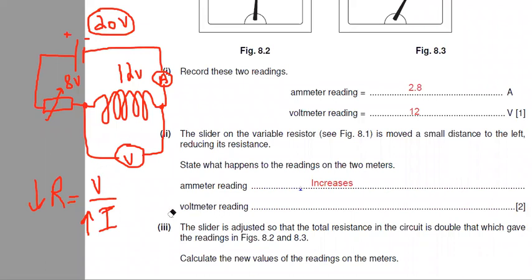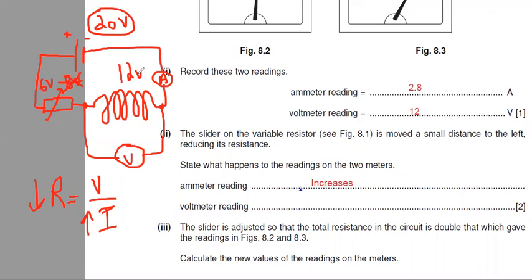Again, what will happen when the resistance of the variable resistor decreases? There is a relation between the resistance and the voltage. When the resistance of the variable resistor decreases, the voltage across it also decreases. So instead of 8 volts, it will be 6 volts, for example.